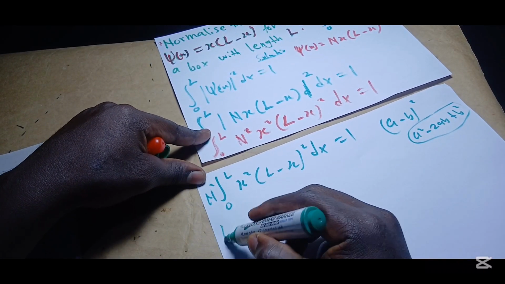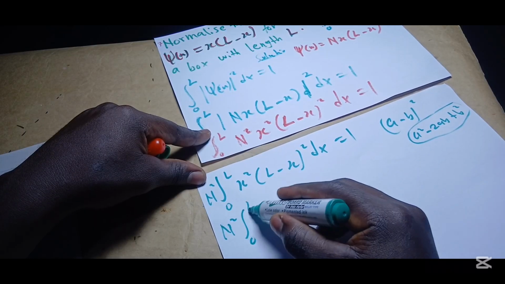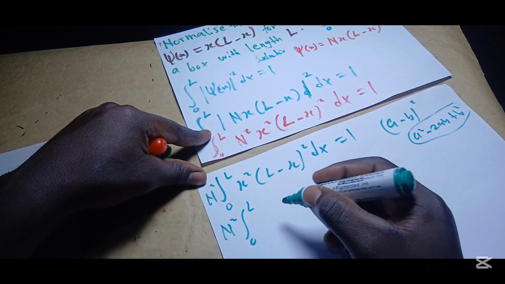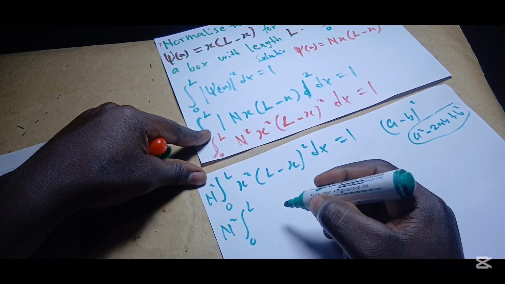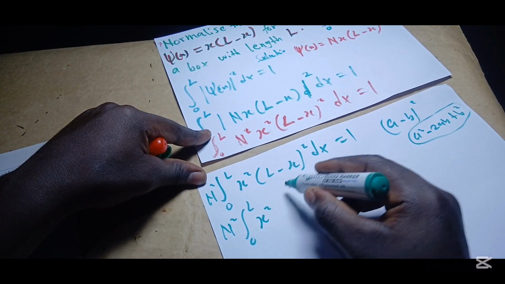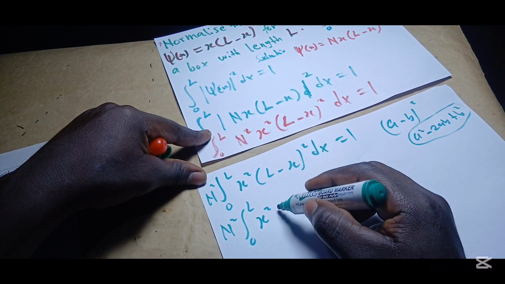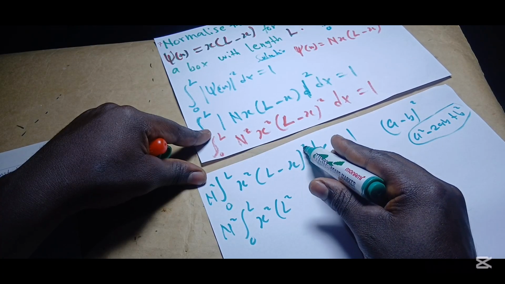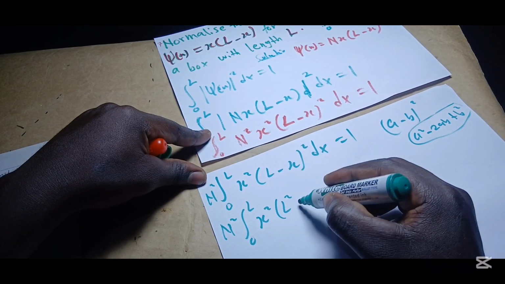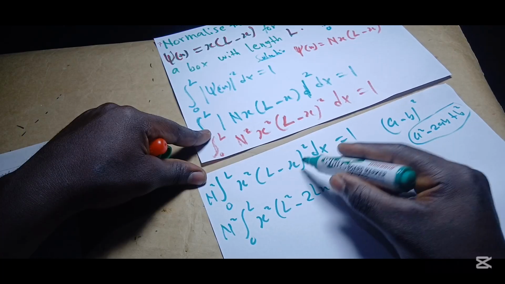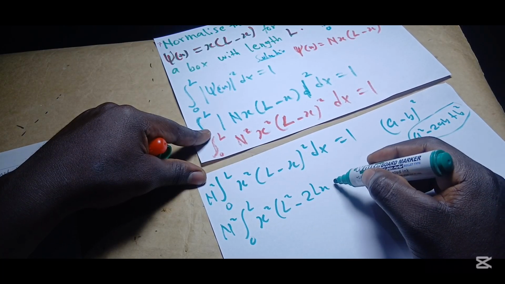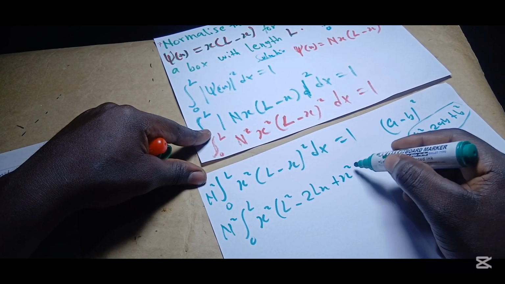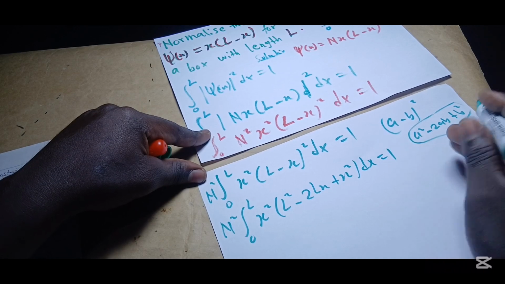So we are going to have n squared integral from 0 to L, x squared, so L to the power 2, L squared, plus 2 multiplied by L multiplied by minus x, that will give us minus 2Lx, plus negative x to the power 2, giving us x to the power 2. dx equal 1.